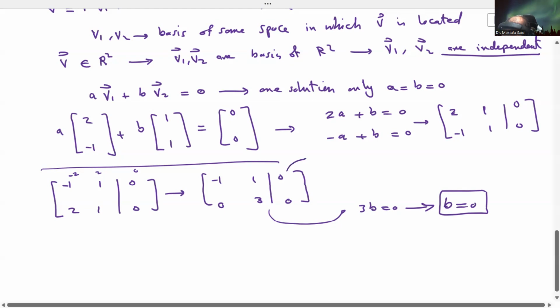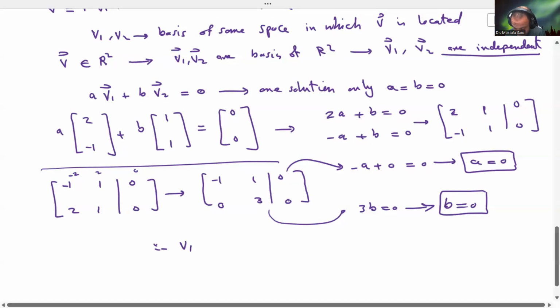Once b equal to 0, so minus a plus 0 equal to 0, from that a is equal to 0. Then that proves v1 and v2 are independent and the basis for R2 space.